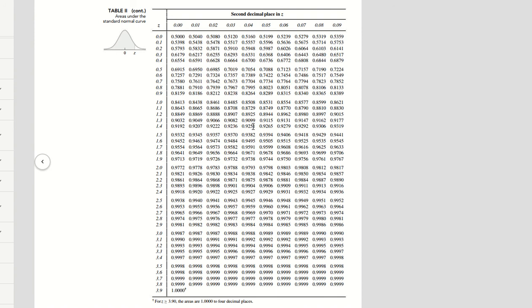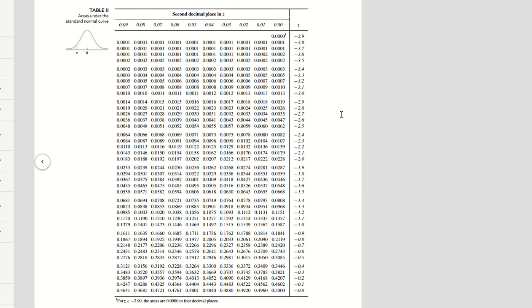Okay, and then we have to look up the other number, negative 2.1 right here, and then go all the way across to 8. There we go, and then it's 0.0146.